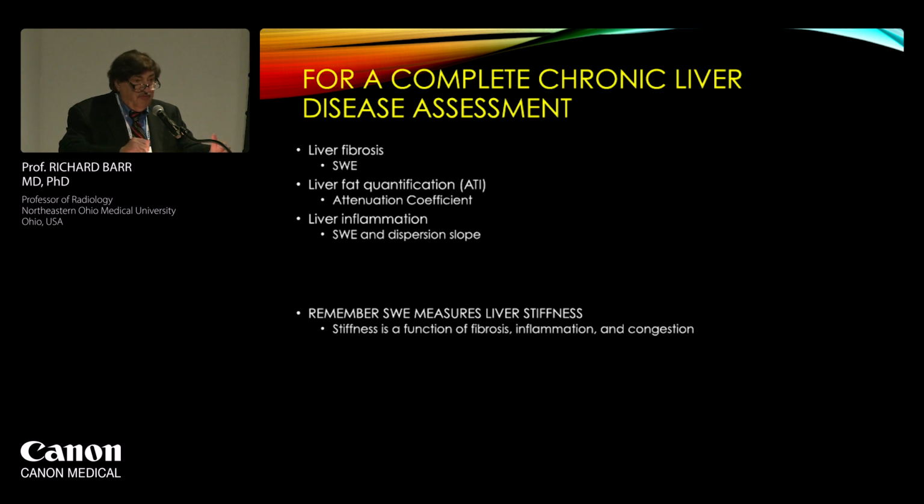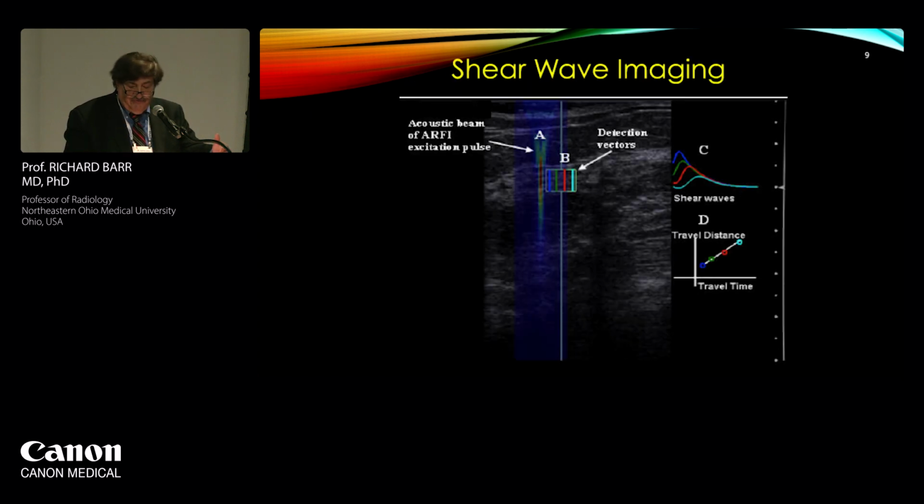There are a few other methods that we'll talk about briefly, and liver inflammation is the one thing we've kind of missed. And we'll talk a little bit that Canon's dispersion slope may provide us some information on the degree of inflammation, which would be very critical for us making the distinction between NASH and non-alcoholic fatty liver disease.